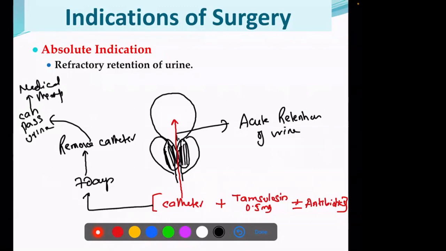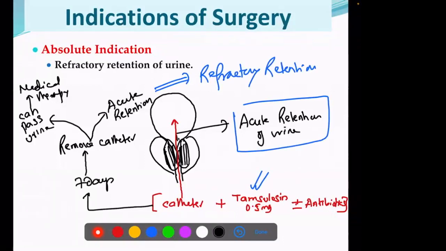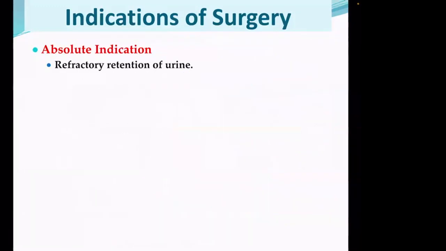And if the patient again develops acute retention, that is, after removing the catheter the patient was unable to pass urine, then this is known as refractory retention of urine. Now you again put a catheter and plan for surgery.